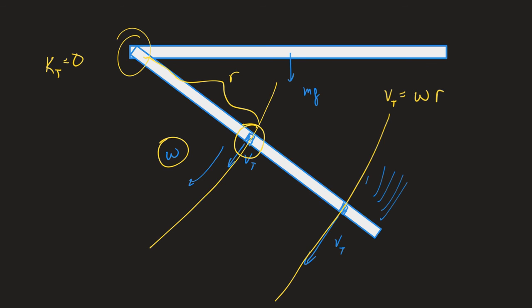So this object is considered to have one type of kinetic energy, and it is rotational. That's how we ended up with this piece. And we did conservation of energy questions because the center of mass of the object did change height. Because of that, the gravitational potential energy was converted into rotational kinetic energy.